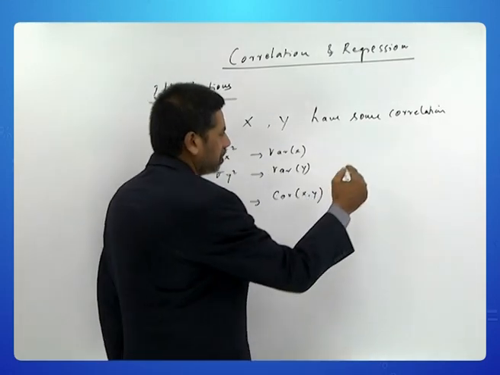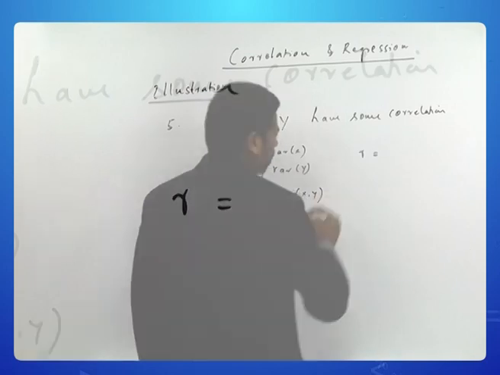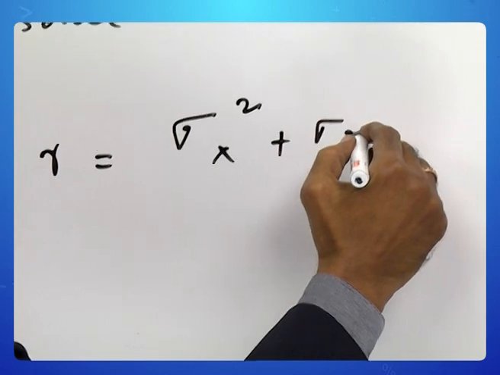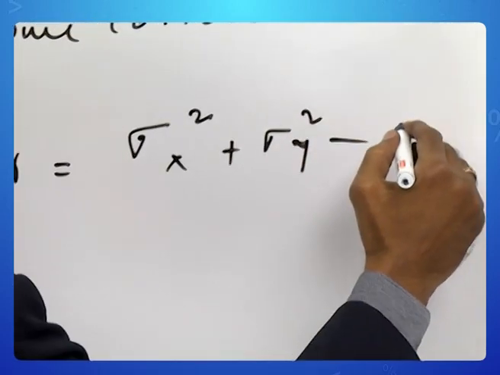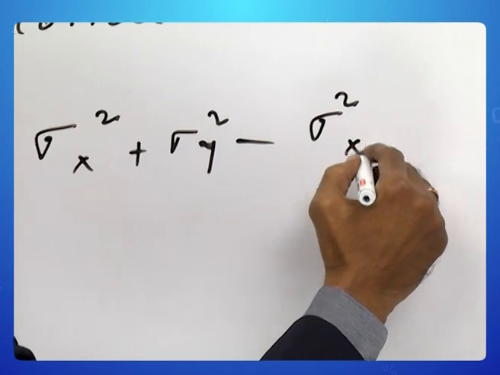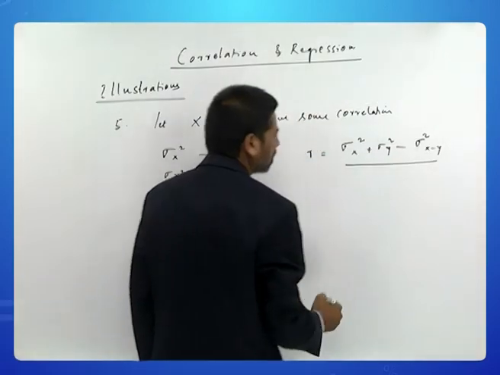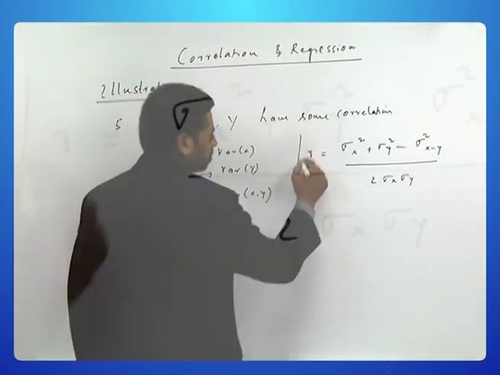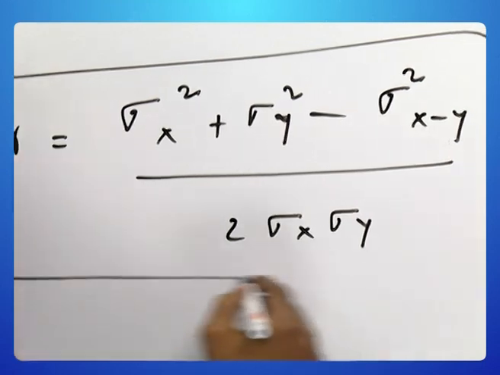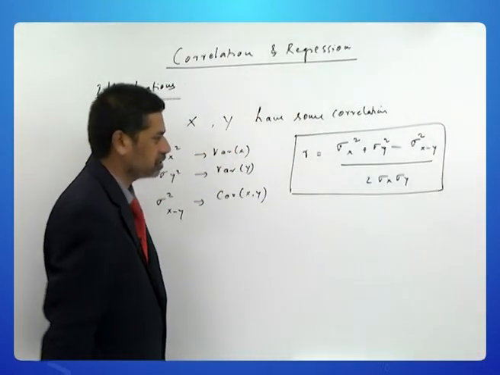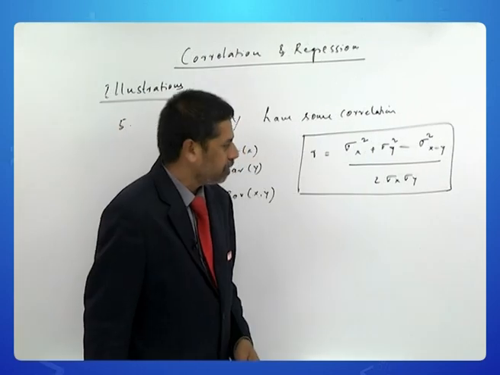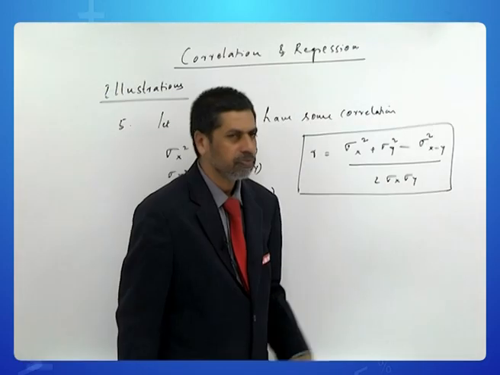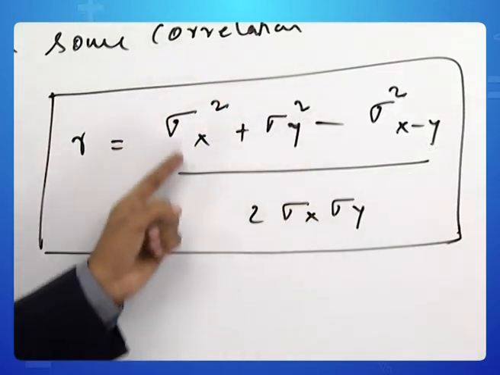We have a very important theorem which says correlation coefficient is equal to variance of x plus variance of y minus the covariance between x and y divided by 2 standard deviation of x into standard deviation of y. This can be derived using the theory of correlation, and it can be proved that whenever the covariance between the variables is 0, then the formula gets reduced to this itself.